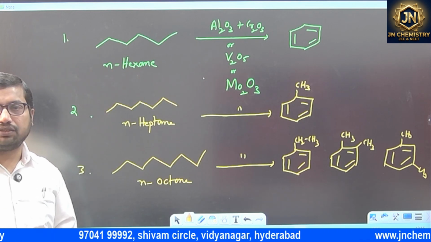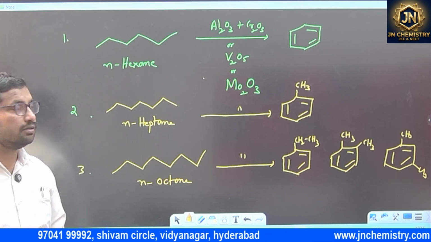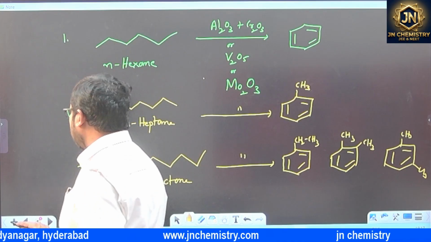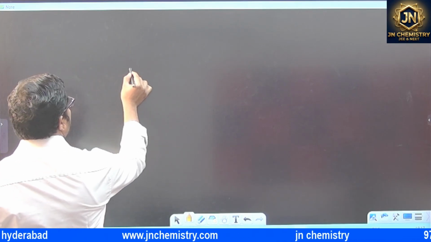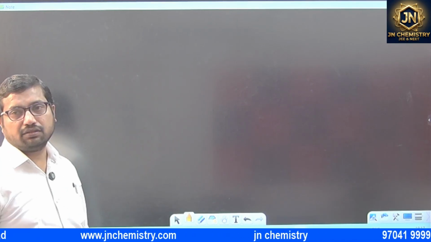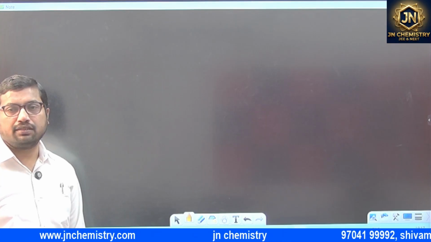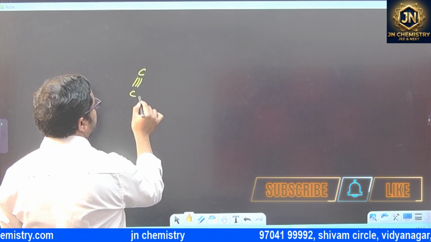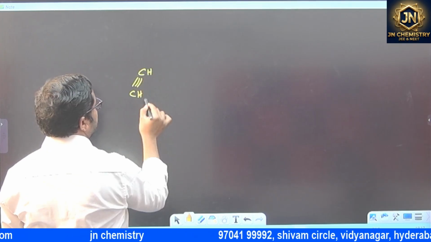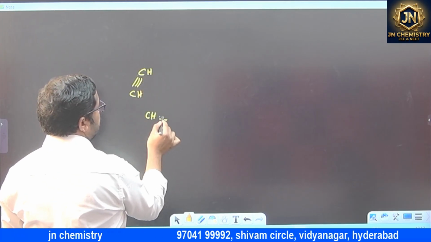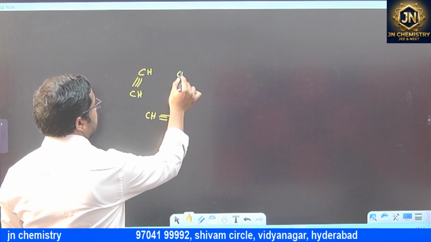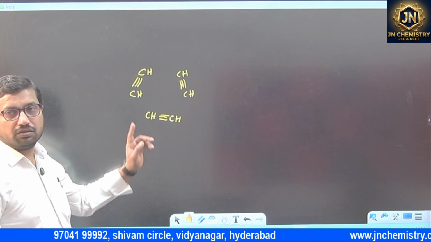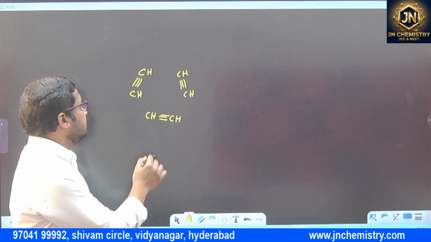The last class, I told you about alkynes. Write this down. Next, from alkynes, cyclic polymerization takes place, right? Last class we discussed cyclic polymerization. So 3 alkynes we have to take like this.